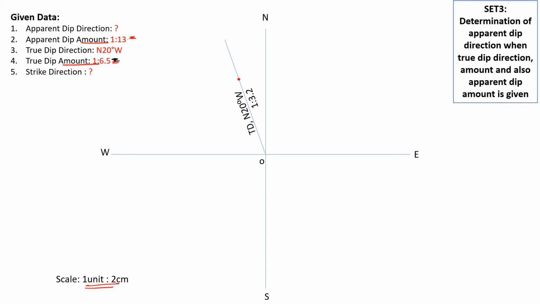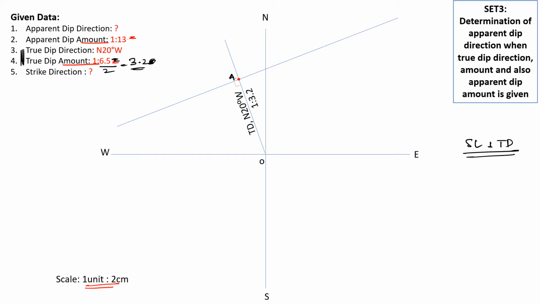This is 1:6.5, because true dip we'll be plotting, this part will be plotting now. So 1:6.5, again I divided it with 2 because of the scale, so this is 3.25 it will be. Okay, but I'll be taking it only 3.2. 3.2 I plotted and named that point as point A. Okay, and then as this is a true dip, I'll be plotting my strike line, and the relation between strike line and true dip, they are perpendicular to each other.